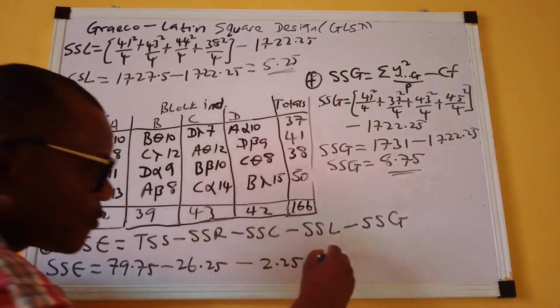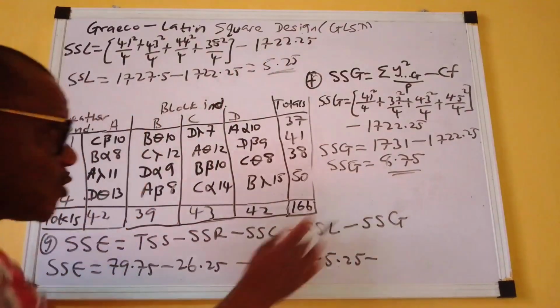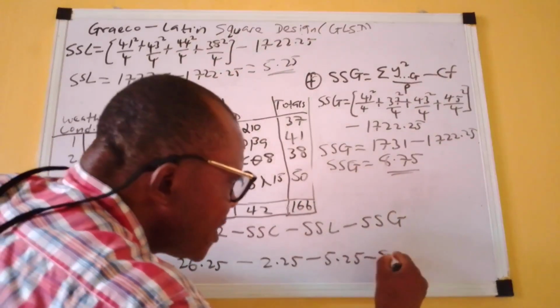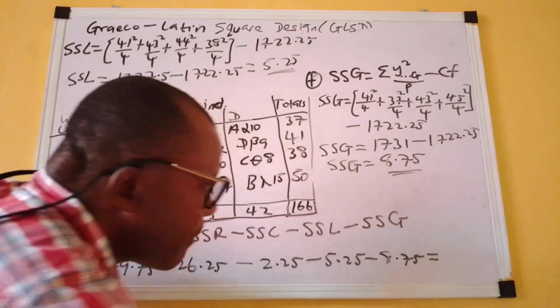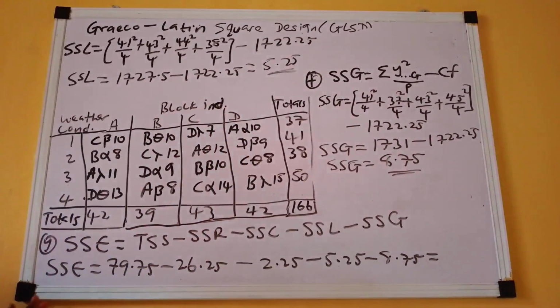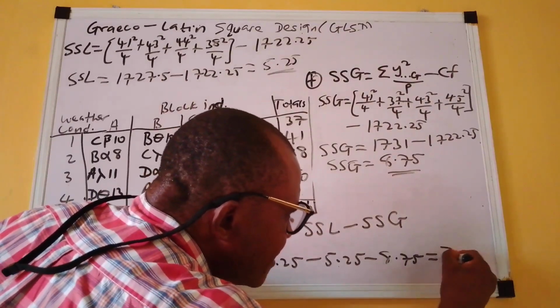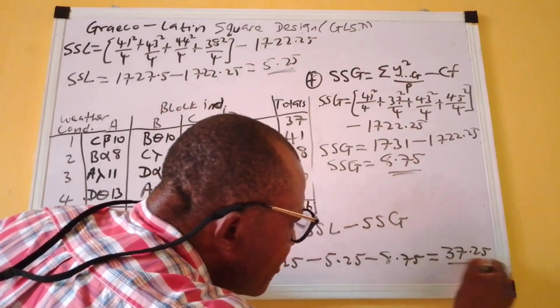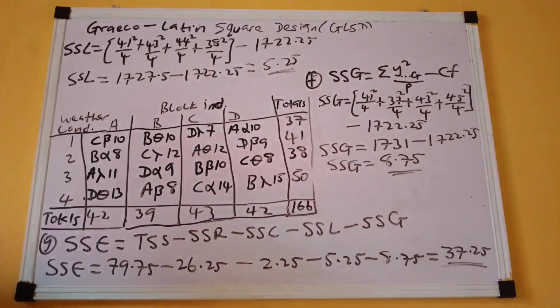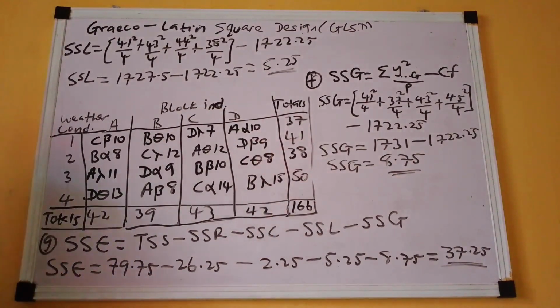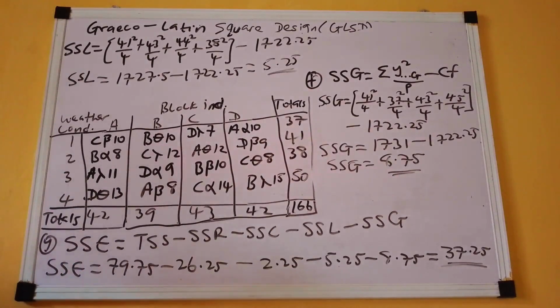Look at it here, minus 5.25. Then the sum of square for the Greek letters is minus 8.75. And when you carry out that simple arithmetic, you are going to get 37.25 for the sum of squares for the error. So we have concluded step 2. We have been able to get all the sum of squares. So the next step now is step 3. We have to construct the Graeco Latin square ANOVA table.